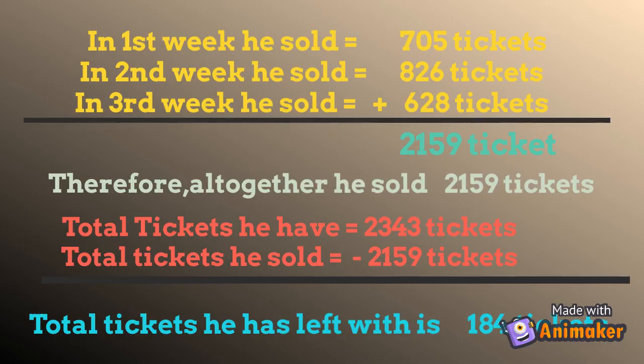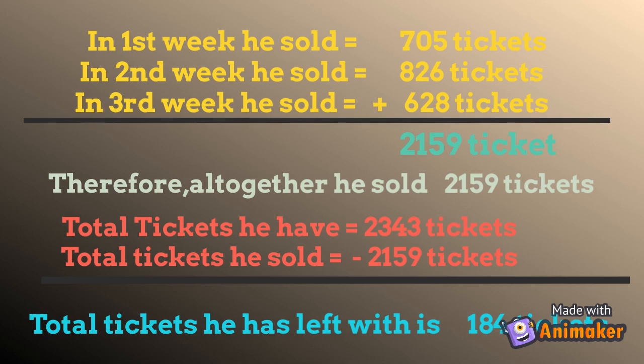The first rule for solving a problem sum is that we need to make the question into a statement. As you can see, I have written 3 statements. In the first week, he sold 705 tickets.